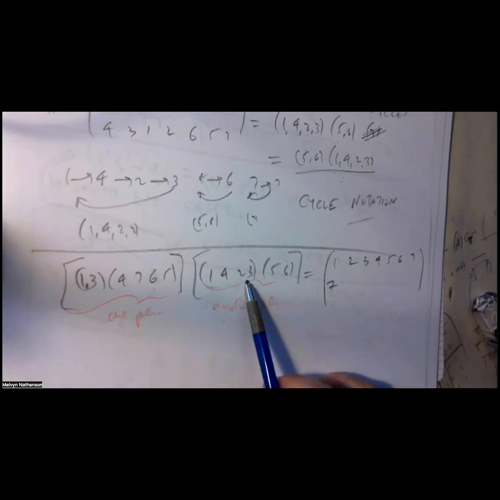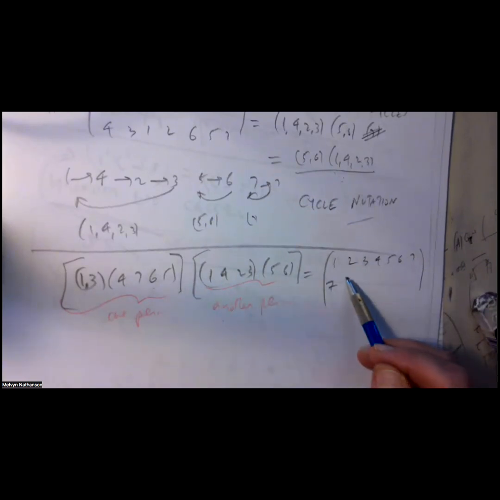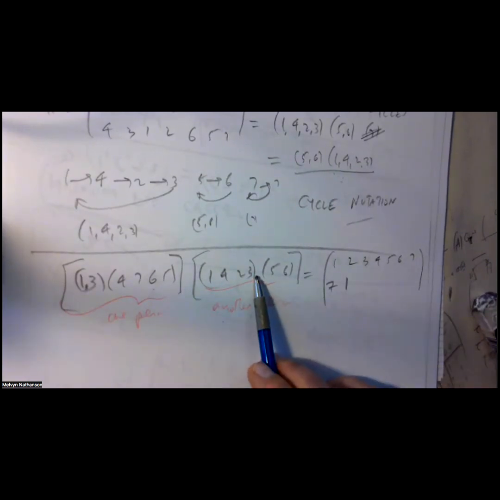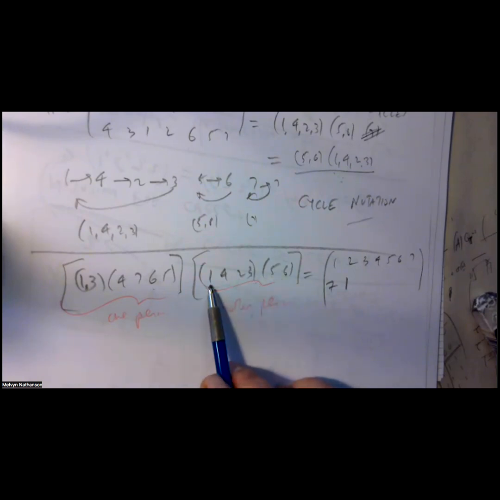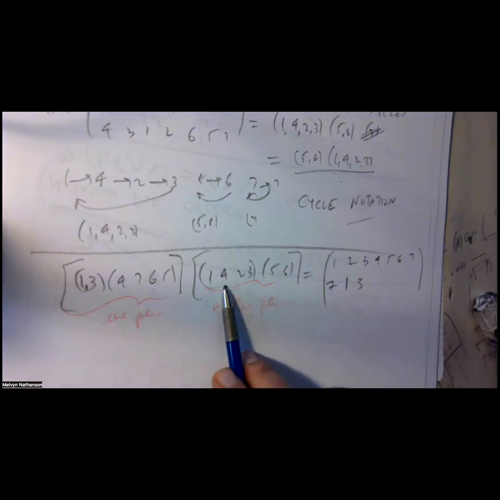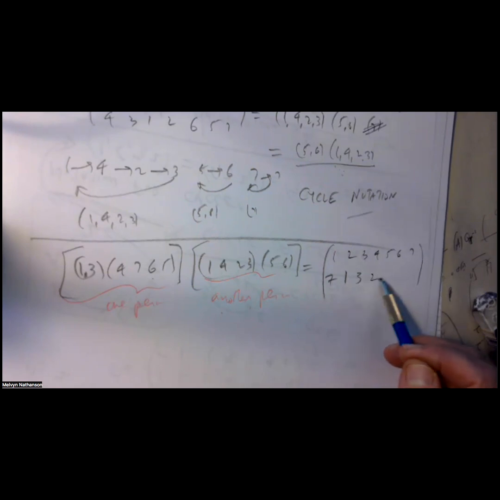This permutation sends 2 to 3, and this sends 3 to 1. This sends 3 to 1 and 1 to 3, so 3 stays at 3. This sends 4 to 2, and you don't see a 2 here. That just means 2 stays at 2, so 4 goes to 2.